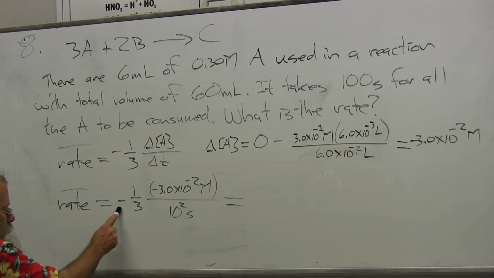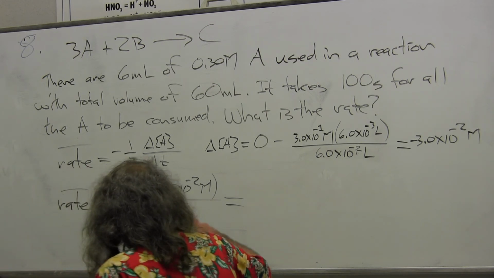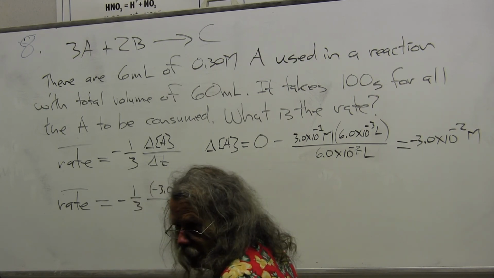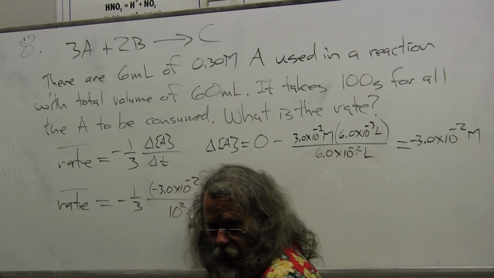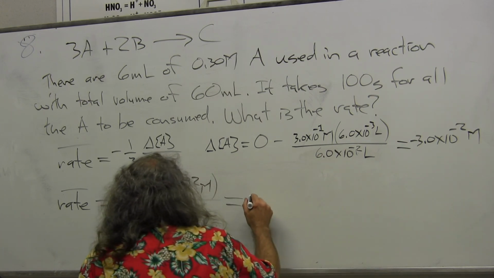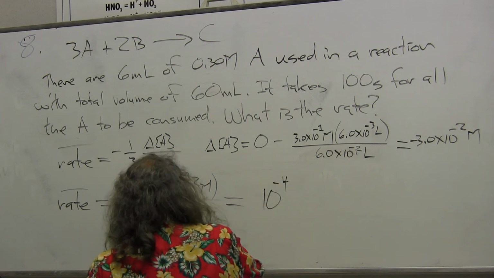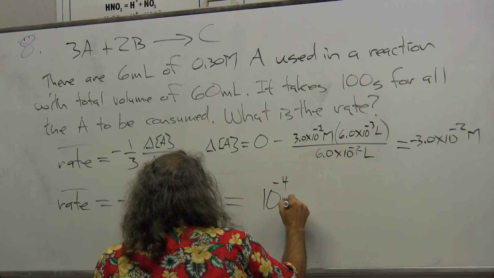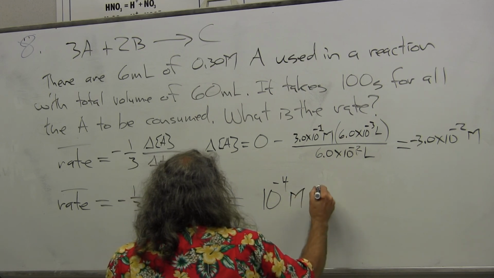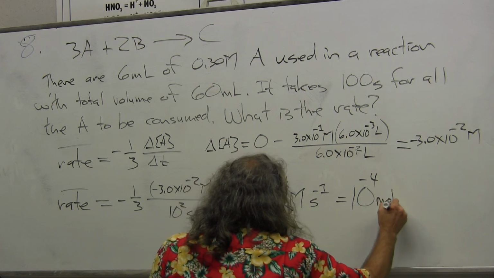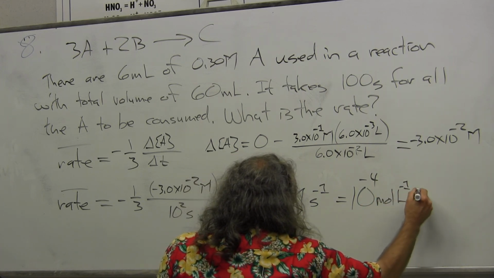Now all I have to do is divide 3 by 3. That becomes a 1. A minus times a minus becomes positive, which is why we have the negative sign to begin with. And 10 to the minus 2 divided by 10 squared is 10 to the minus 4, and that would be molar per second, and I could write it out as 10 to the minus 4 moles per liter per second.